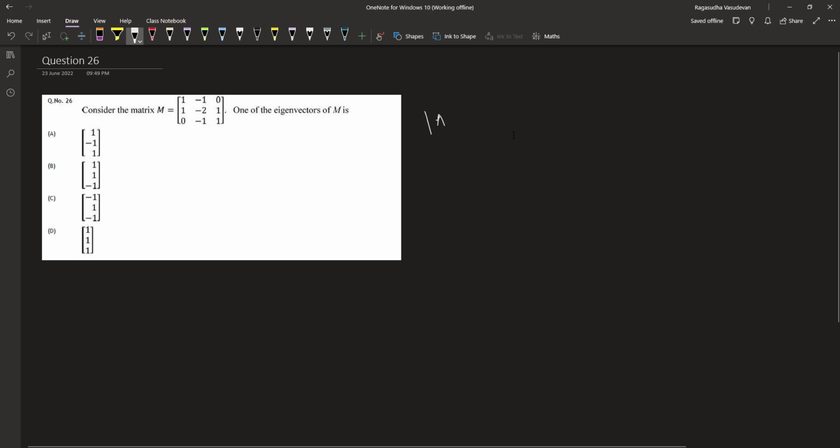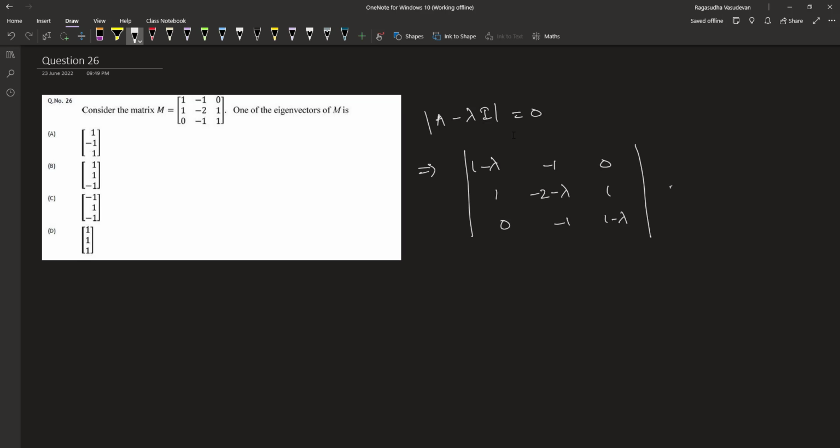The determinant of the given matrix A minus lambda I is equal to 0. The determinant will be [1 minus lambda, -1, 0; 1, -2 minus lambda, -1; 0, -1, 1 minus lambda]. The determinant of this is the characteristic equation.